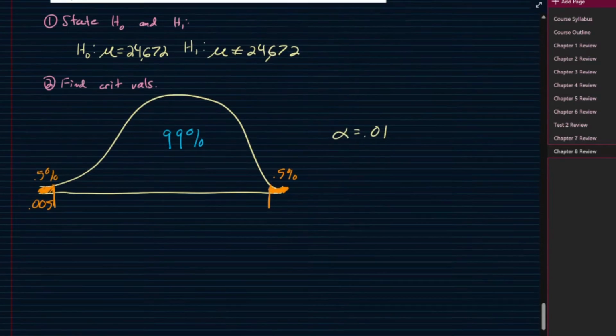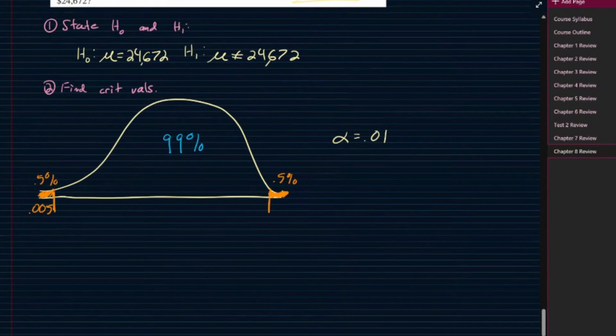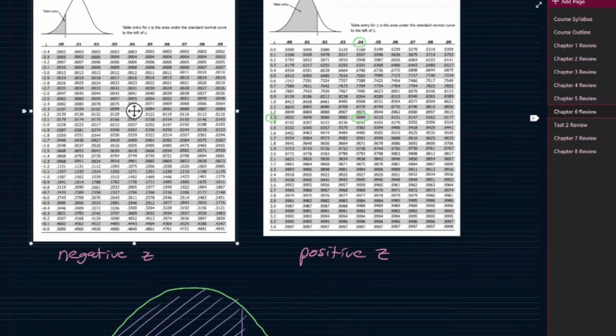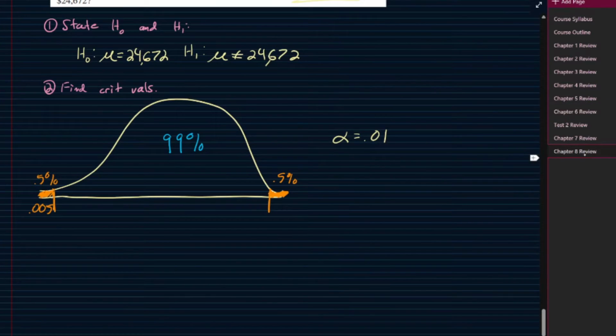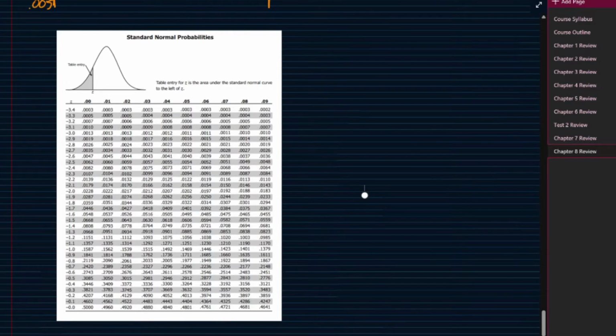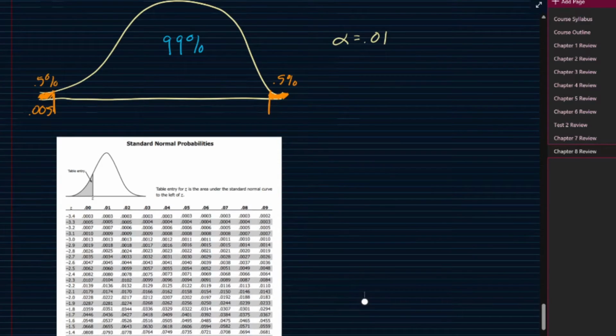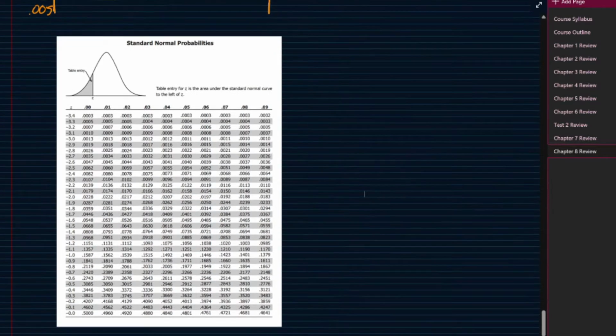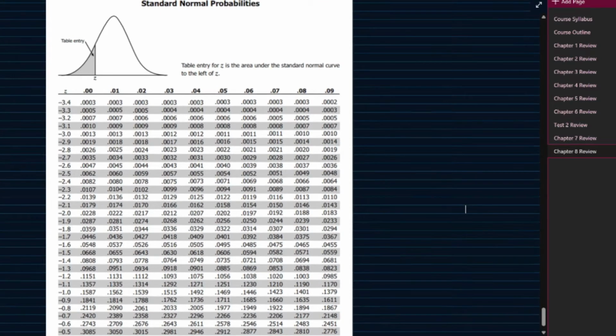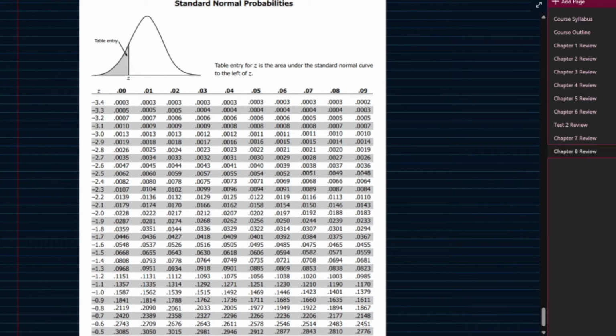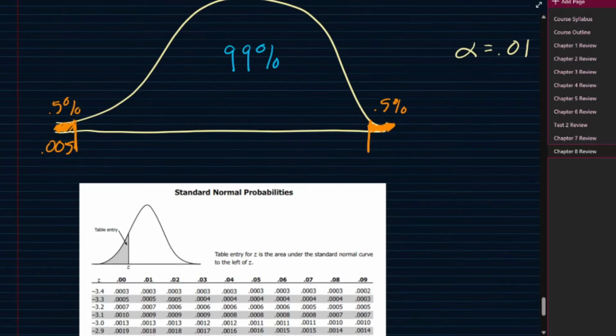Actually, I want the negative z-table here, sorry. So we're looking up the value closest to 0.005. Be very careful, you're not looking for 0.0005 or 0.05. You're looking for 0.005.